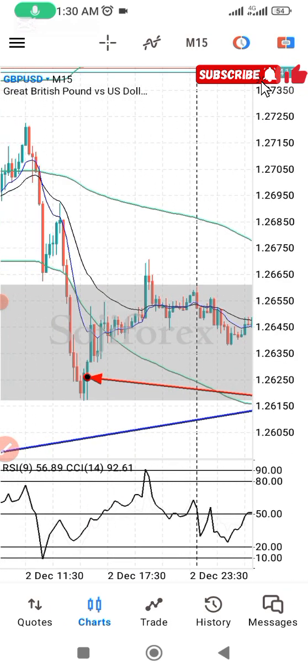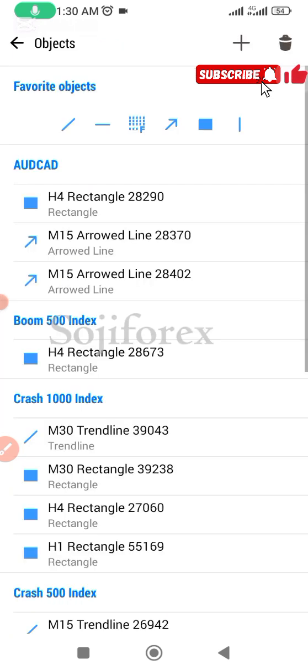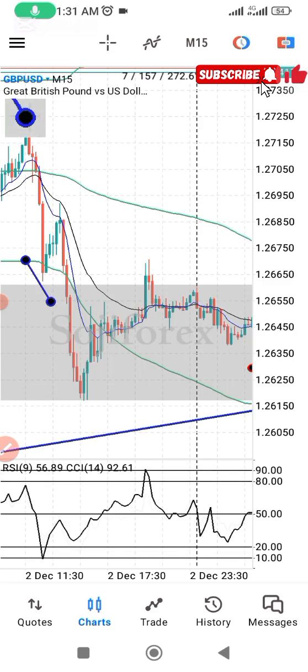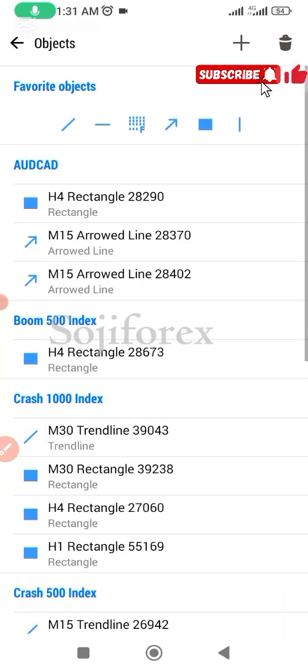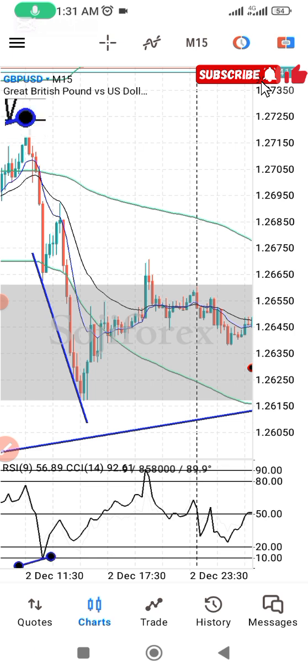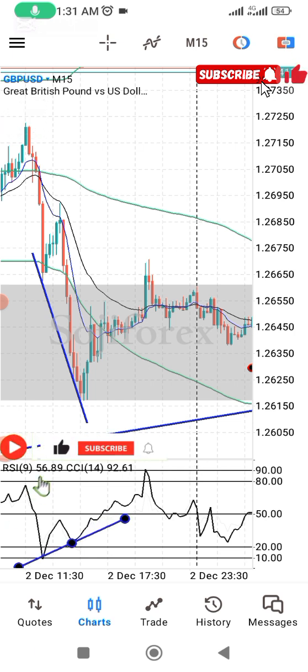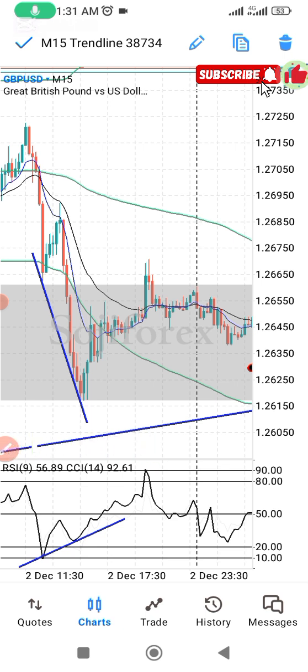And here we have it. And so finally on our 15-minute time frame, look at what happened. Where we are to make our entry, this price gave us a divergence. This is a divergence.